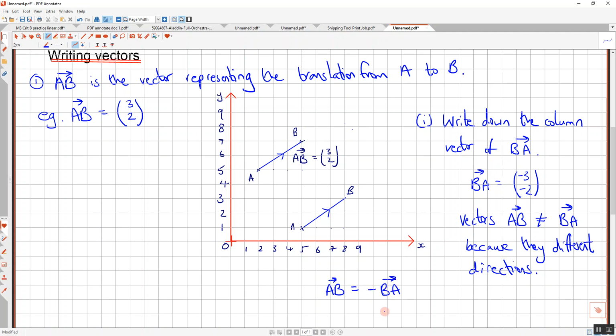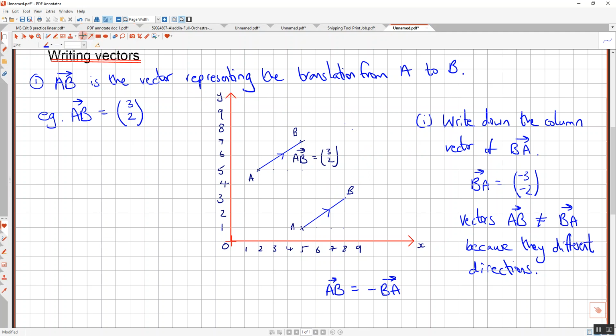And that's always the case, because you're just going in the opposite direction. Now, magnitude, I'll come back to magnitude, but just to briefly discuss it, Marco said it is the size, or the length of this line. What can you tell me about the magnitude of A to B and B to A, do you think? It's exactly the same length. Okay, so the magnitude is the same, but they have different directions.